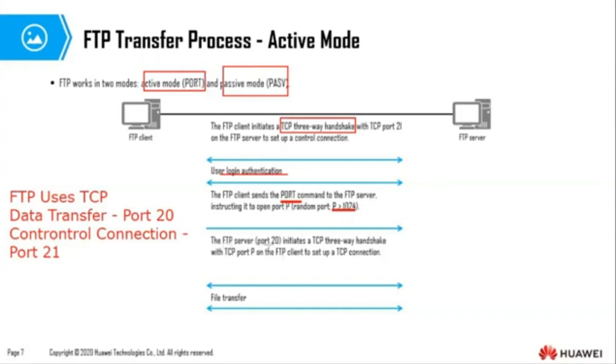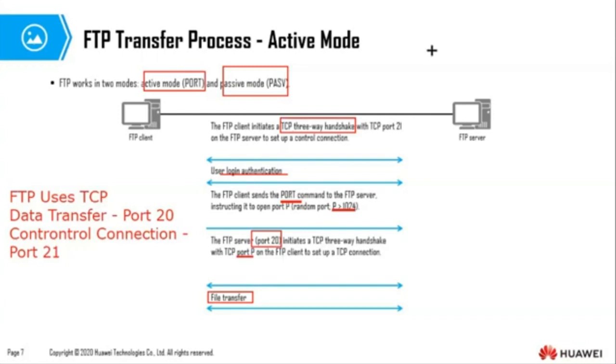The FTP server, port 20, initiates a TCP three-way handshake with TCP port P, the one that it opened, on the FTP client to set up a connection. After doing that connection via port 20, they can exchange the files. The client can either upload or download files from the server. Is that clear?